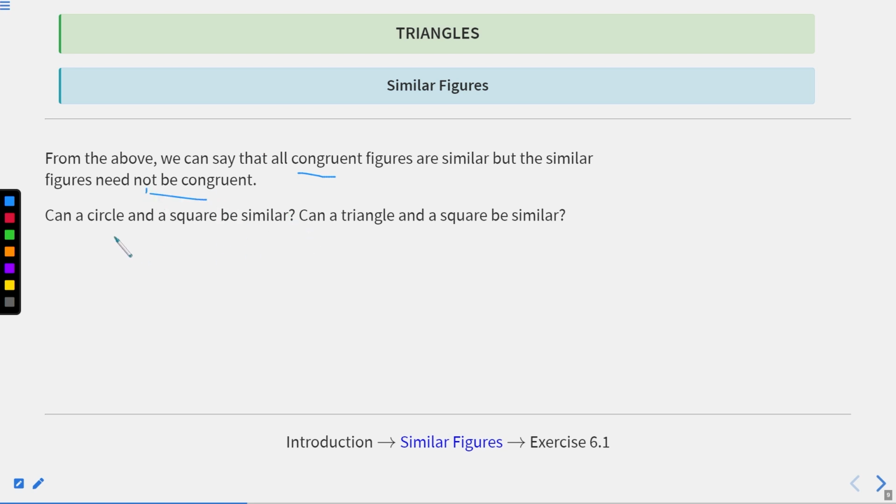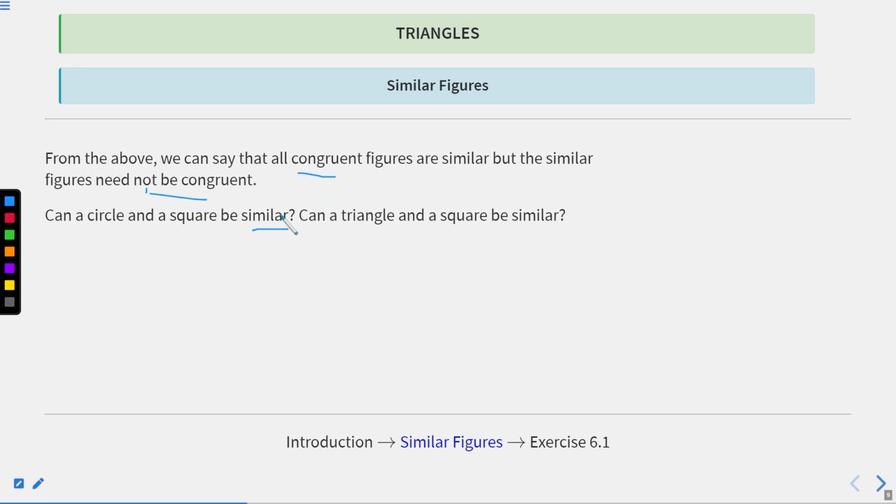Now this is our question. Can a circle and a square be similar? And second question, can a triangle and a square be similar? A circle and a square do not have the same shape, they are different shapes.